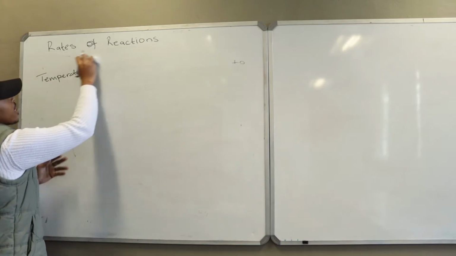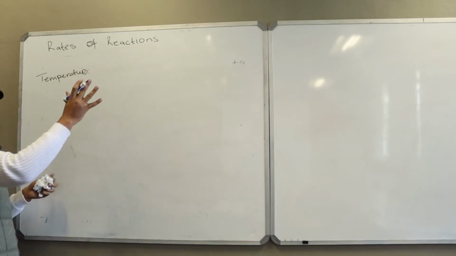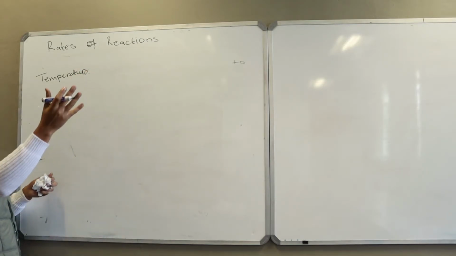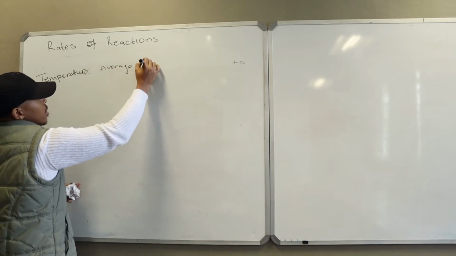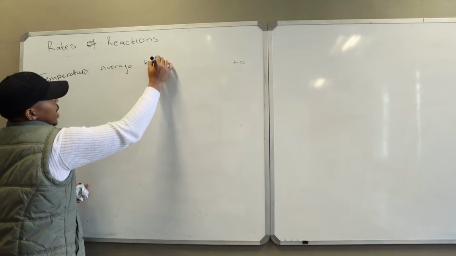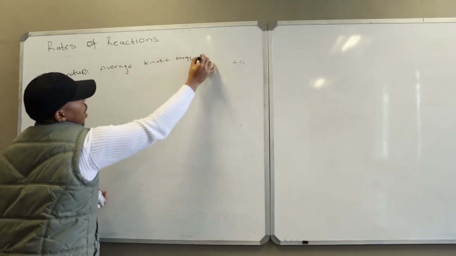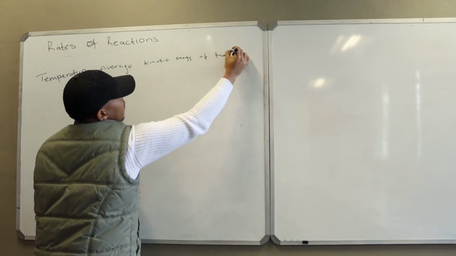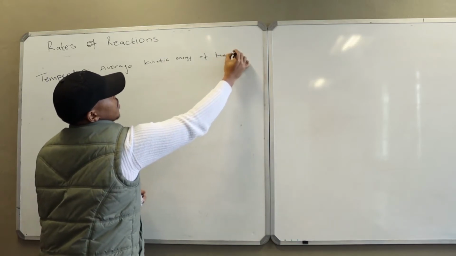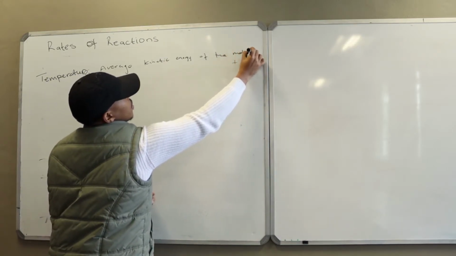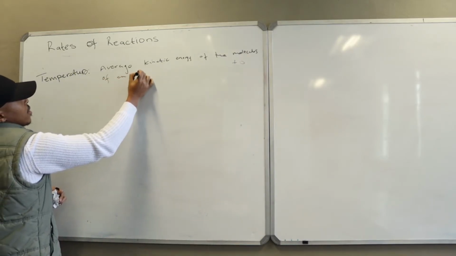How would collision theory explain the fact that temperature affects the rate of reaction? So we first have to discuss what temperature is. Temperature is the average kinetic energy of the molecules of an object.